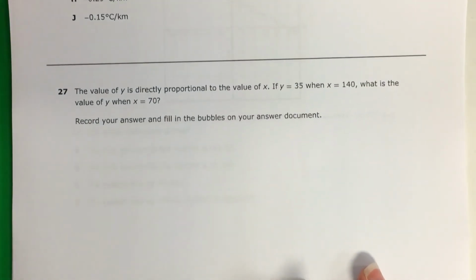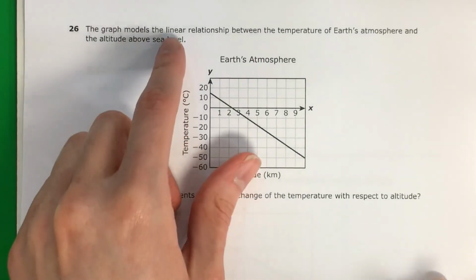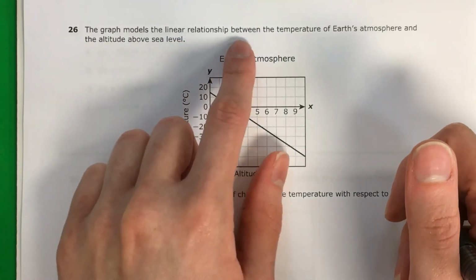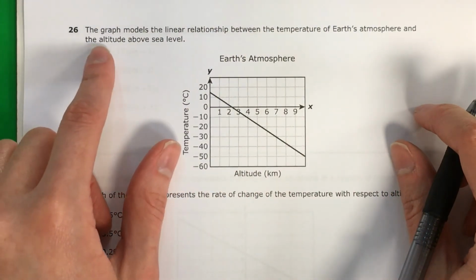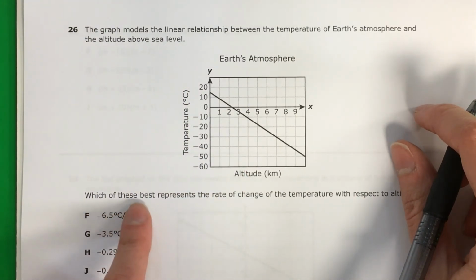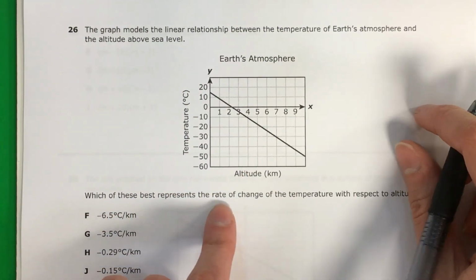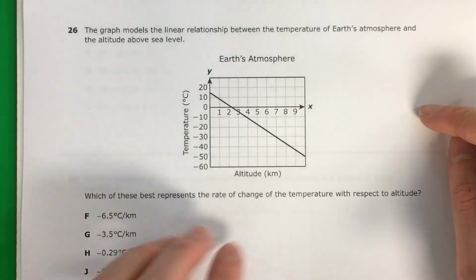Next is number 26. The graph models the linear relationship between the temperature of Earth's atmosphere and the altitude above sea level. Which of these best represents the rate of change of the temperature with respect to altitude?